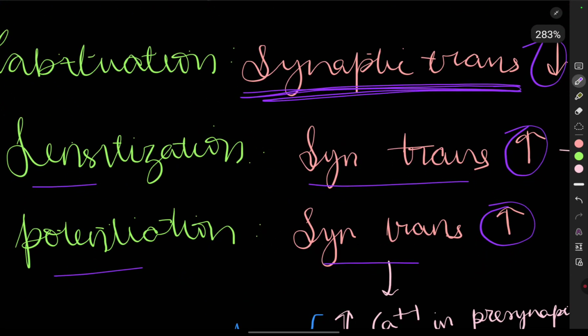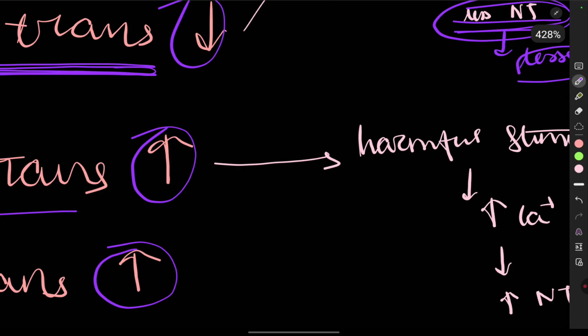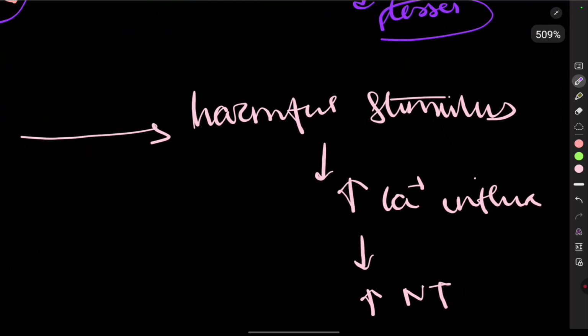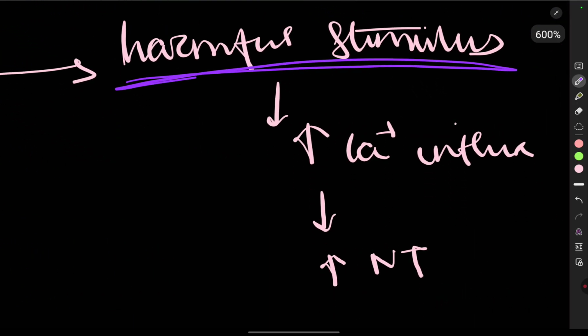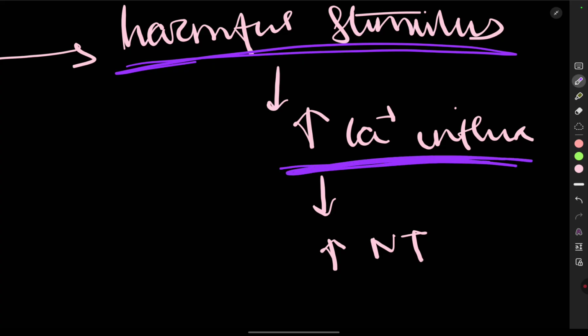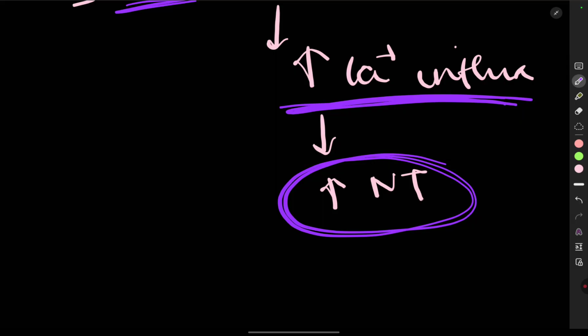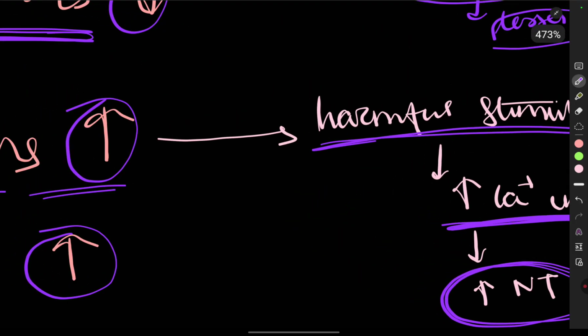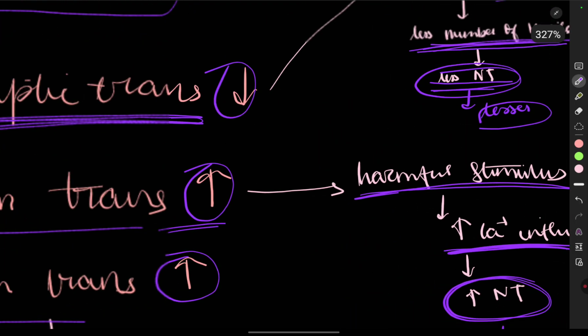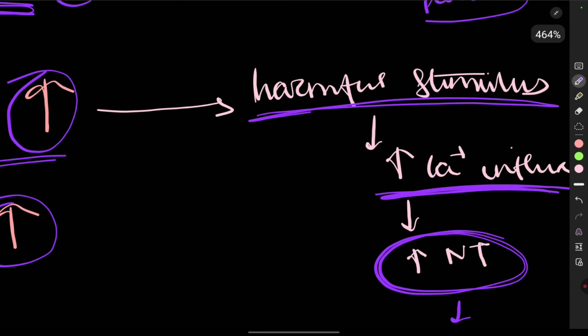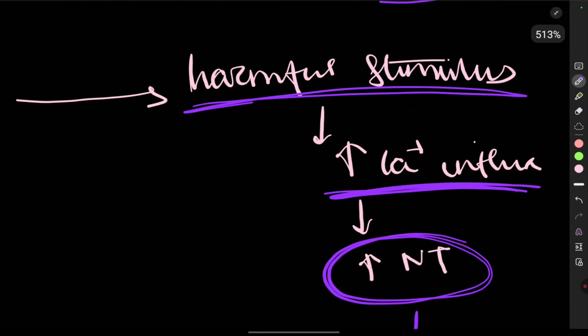Now what is sensitization? Sensitization increases the synaptic transmission. It is due to a harmful stimulus. The calcium influx increases, and it increases the release of the neurotransmitter, causing the response to be increased. Now, a harmful stimulus, such as if a person is consuming a lot of alcohol, is intoxicating himself with alcohol.